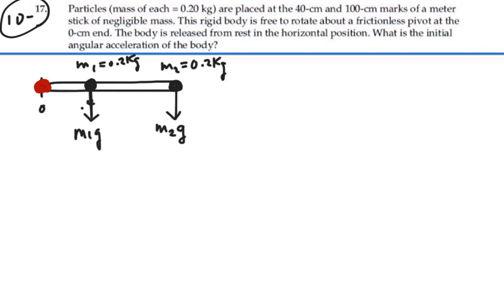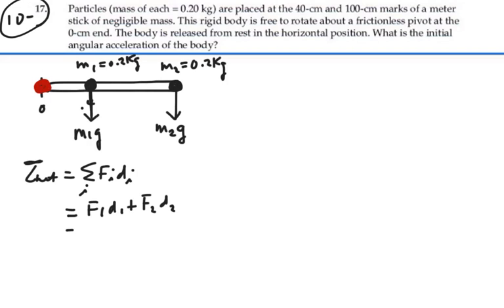Alright, so we would say then that our net torque would be equal to the summation of every force multiplied by its moment arm about this axis. And in this case, that's going to be equal to force 1, moment arm 1, plus force 2, moment arm 2, which is going to be mass 1g times moment arm 1, plus mass 2g, moment arm 2.